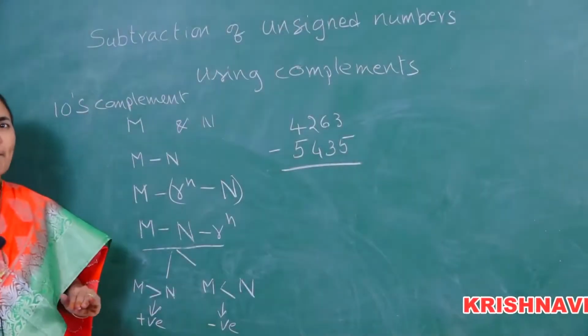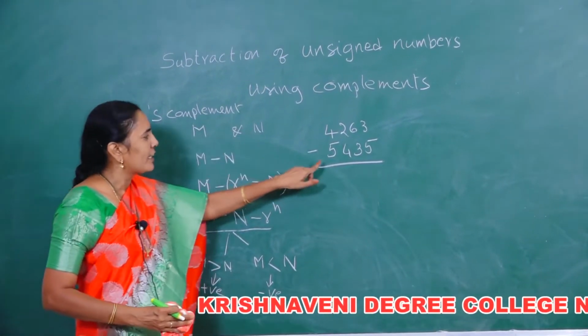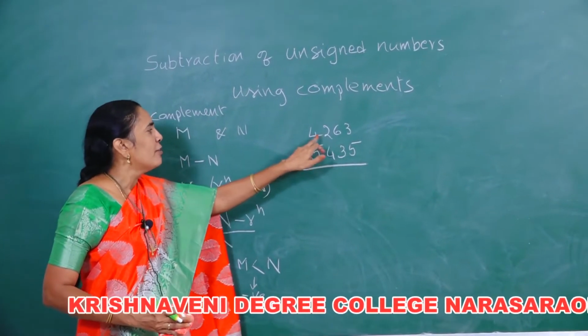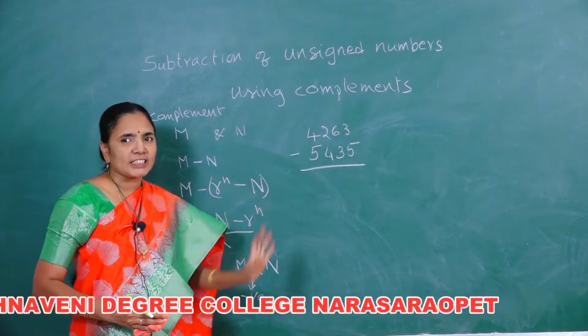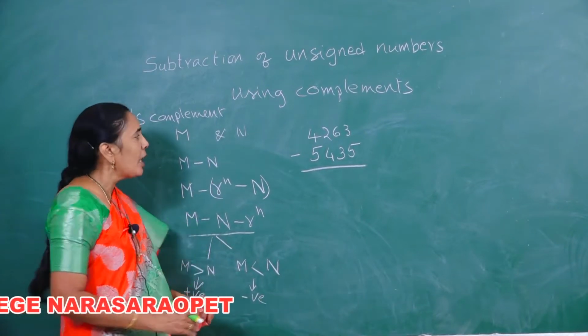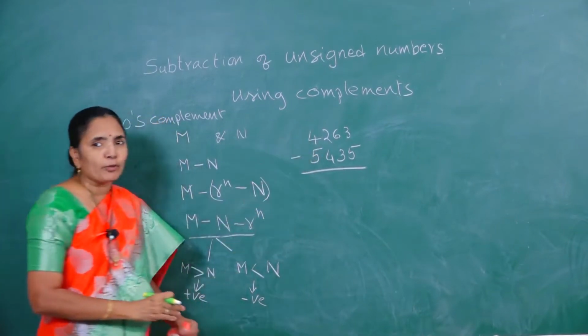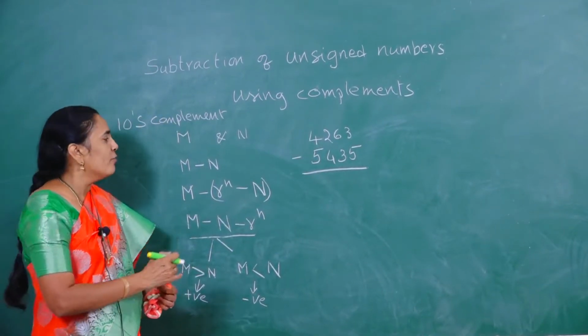Let us take the same numbers in the reverse order. We have to subtract 5435 from 4263. How will you perform the decimal subtraction? Here the lower number is larger when compared to the upper number. Then what will we do?